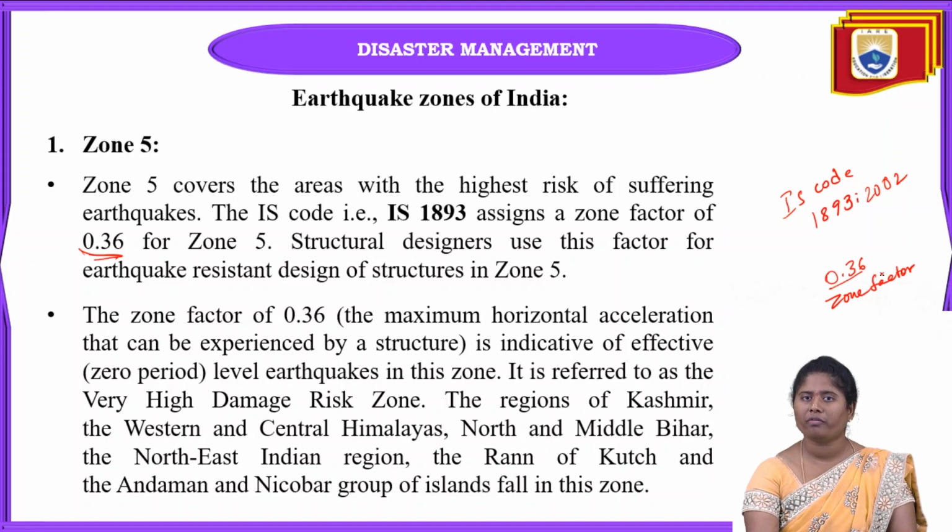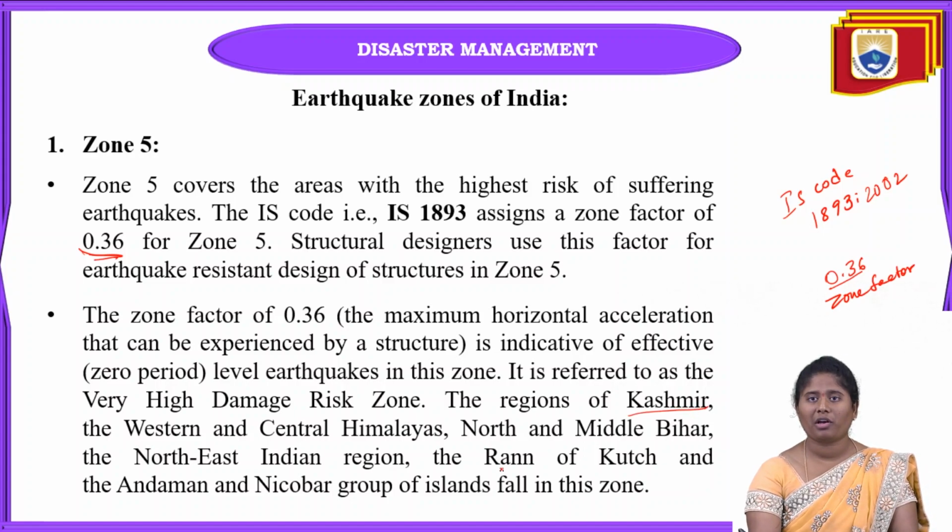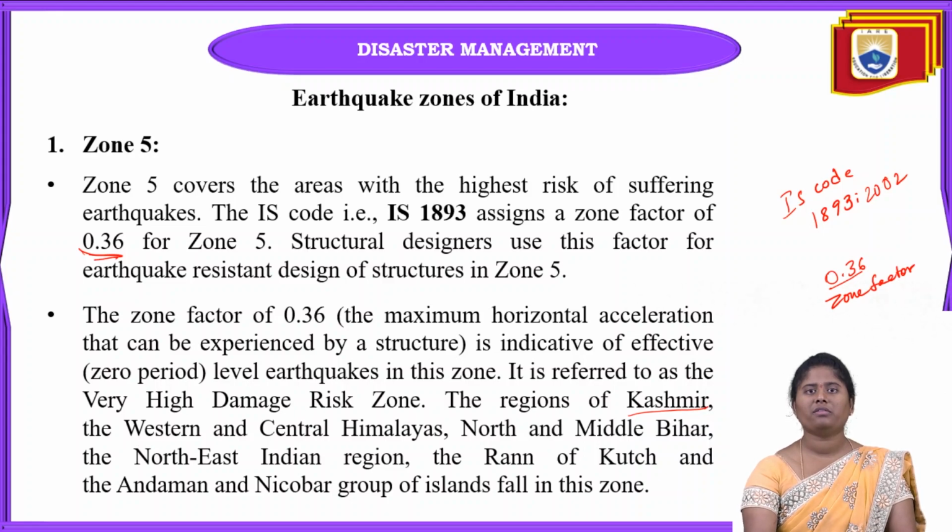The zone 5 areas in our country are, as you can see here: Kashmir, Western and Central Himalayas, North and Middle Bihar, the Northeast Indian region, Rann of Kutch, and also the Andaman and Nicobar Islands. These are the zone 5 areas in India, and in these areas huge high magnitude earthquakes are going to happen.